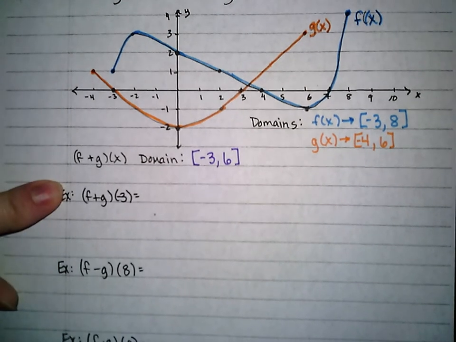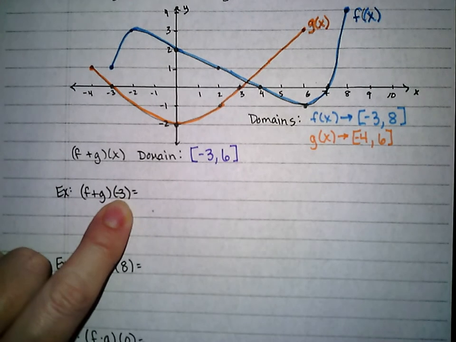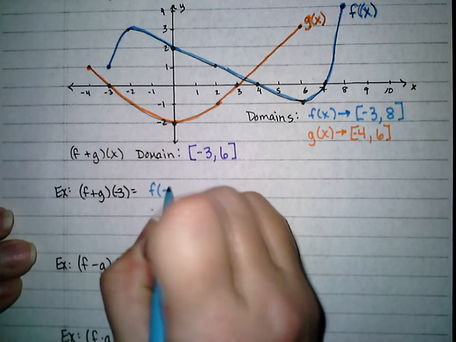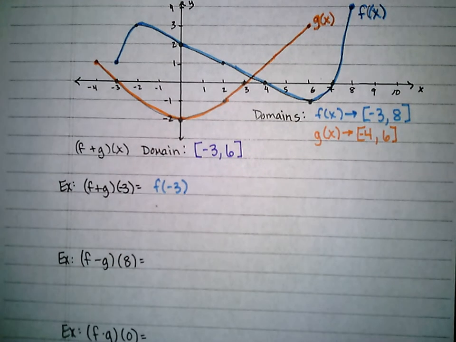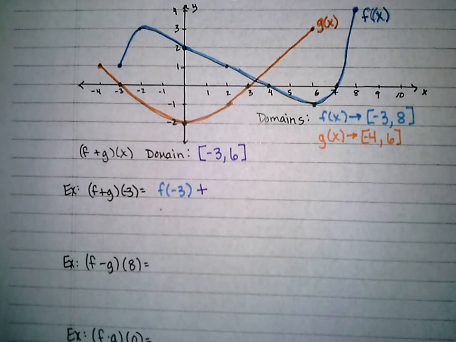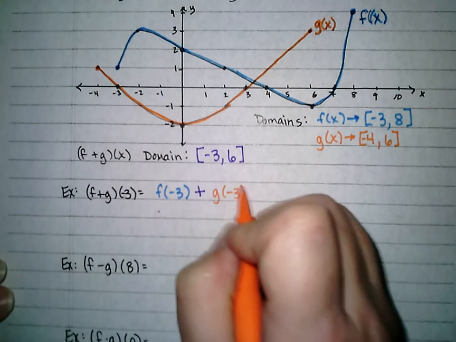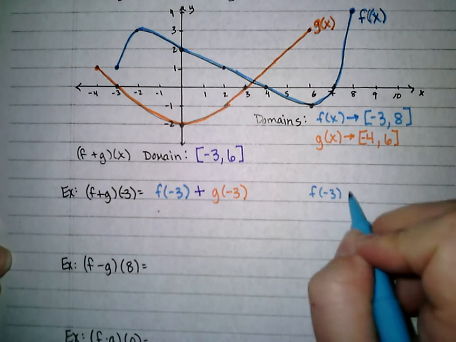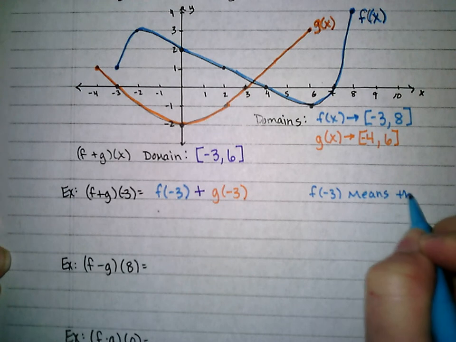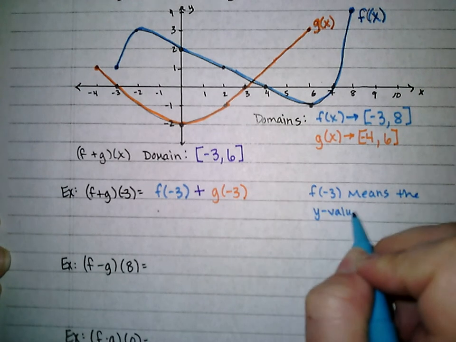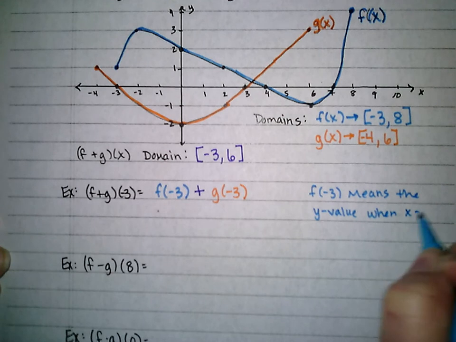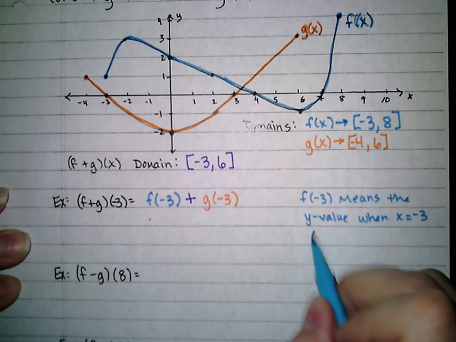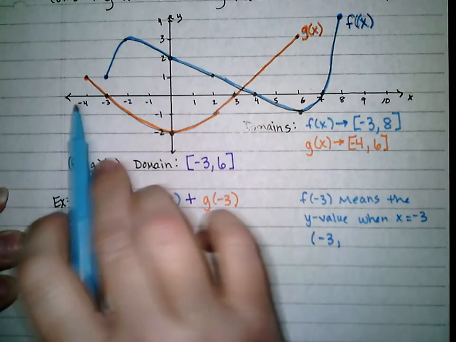All right. Let's look at evaluating f plus g of -3. So what that's asking me to do is find f of -3 and add that to g of -3. So what does f of -3 mean? F of -3 means the y value when x is -3 on the function f of x. So if I look at f of x, when the x value is -3, what's the y value?